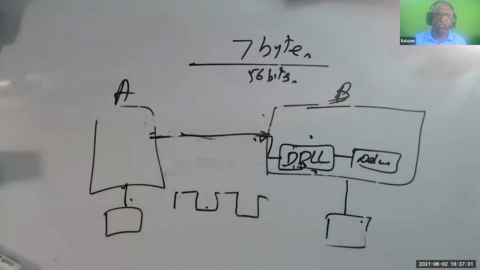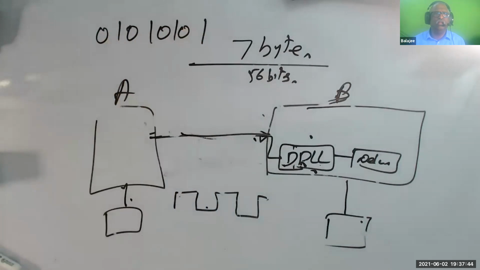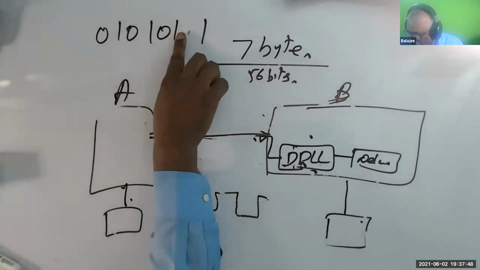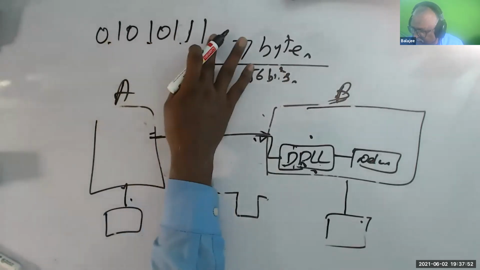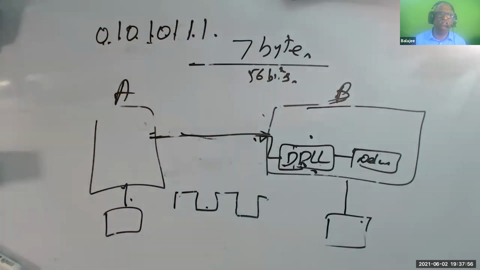That is one. The second problem is, how will I know that after 7 bytes, this guy's clock and this guy's clock are the same? Clock means 0, 1, 0, 1, 0, 1, 0, 1. But in the 8th byte, after 7 bytes, I will not send 0, 1, 0, 1, 0, 1, 0, 1. I will send 0, 1, 0, 1, 0, 1, 1, 1. I change 1 bit.